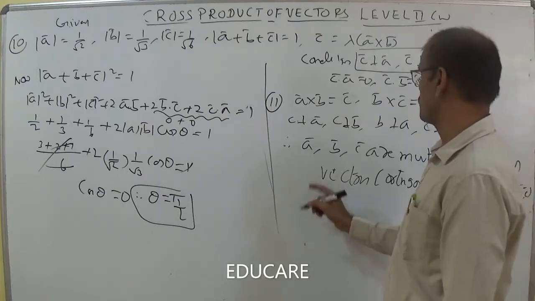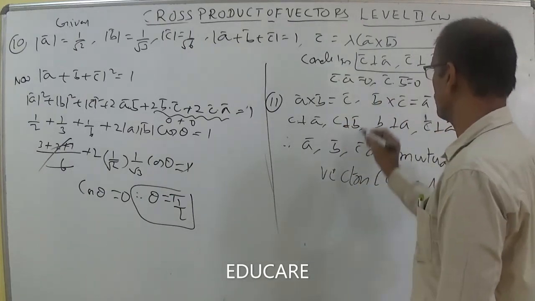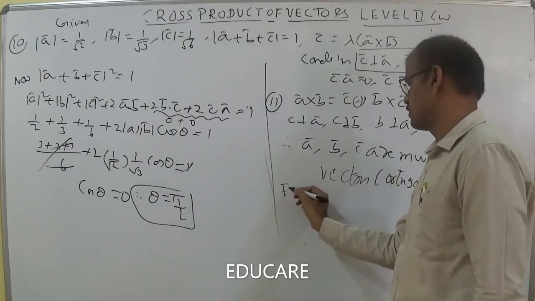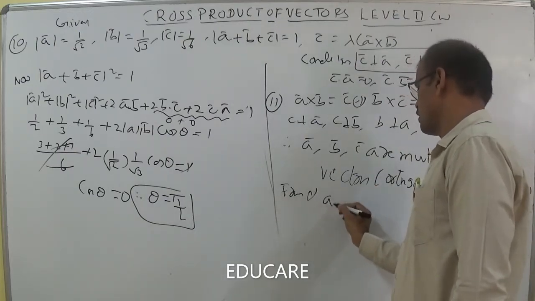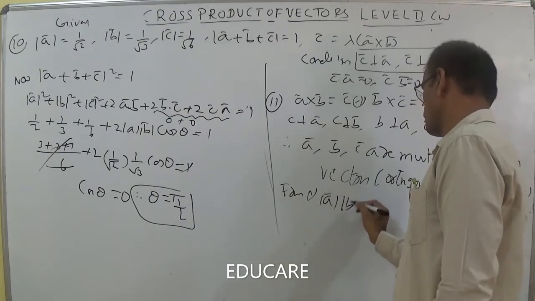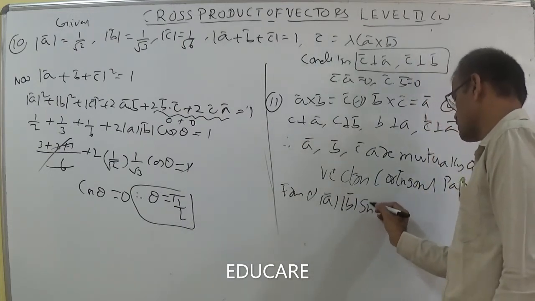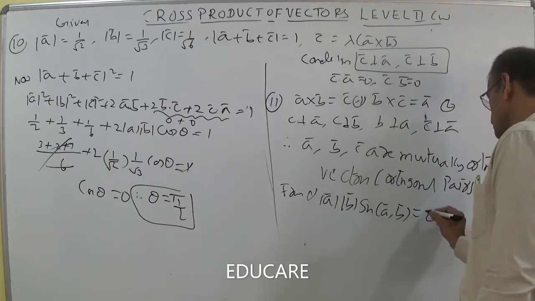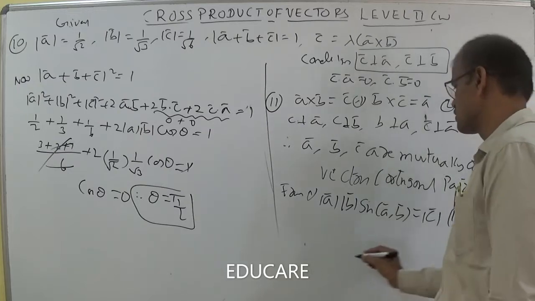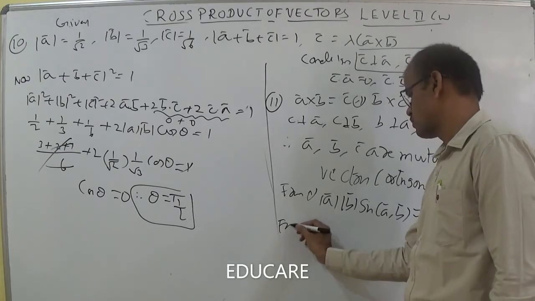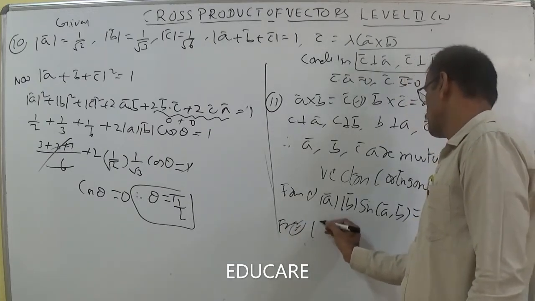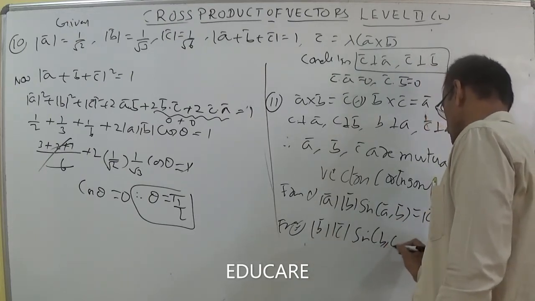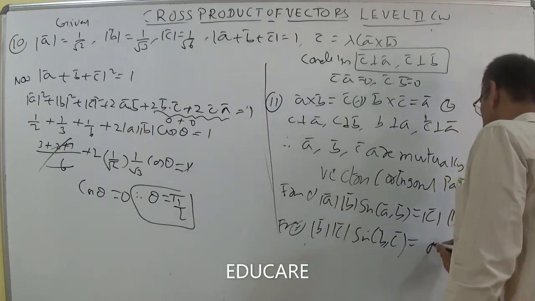Next let us discuss the magnitude. Let us take this one as 1. From 1 I am writing here: modulus of A into modulus of B into sin of A comma B is equal to modulus of C. Using 2, from 2, you can write modulus of B into modulus of C into sin of B comma C is equal to A bar.